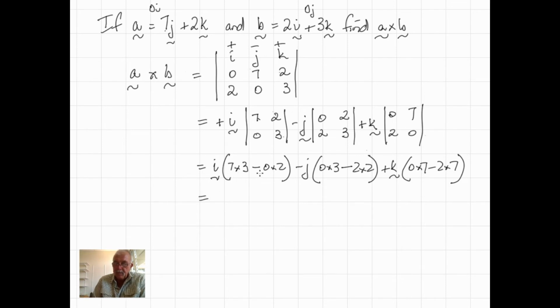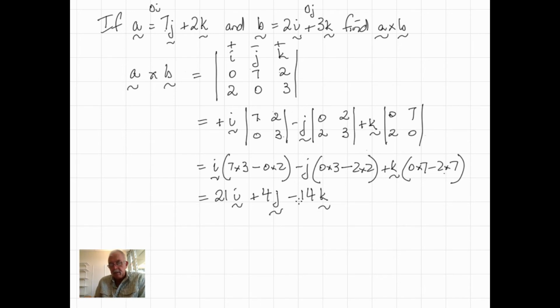Equals, this will be 0, 7 times 3 is 21, so 21I. That's 0, and that's minus 4. So minus 4 will give plus 4. And that's 0 minus 14, so it'll be minus 14K.